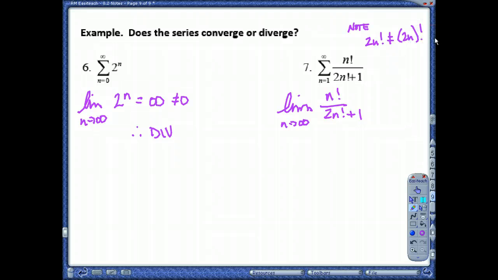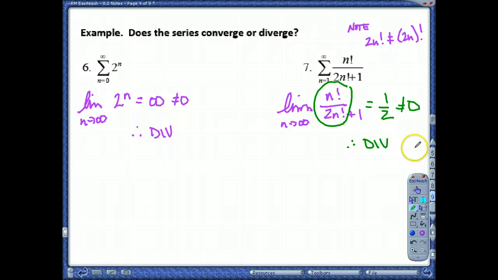Okay, so be cognizant of where parentheses are. Well, when n gets really big, this 1 is not going to be significant. So we're really just looking at where this guy's going. Well, those n factorials are going to cancel, so this guy's going to go to 1/2. Well, 1/2 is not equal to 0. Therefore, this series diverges. Okay.